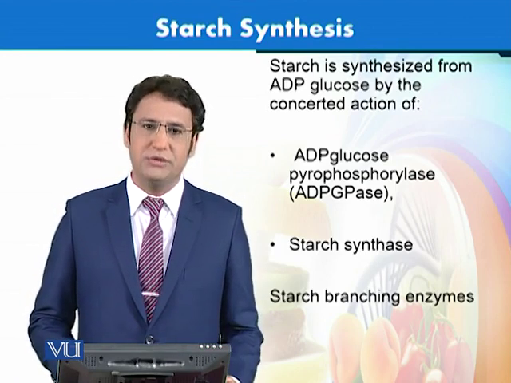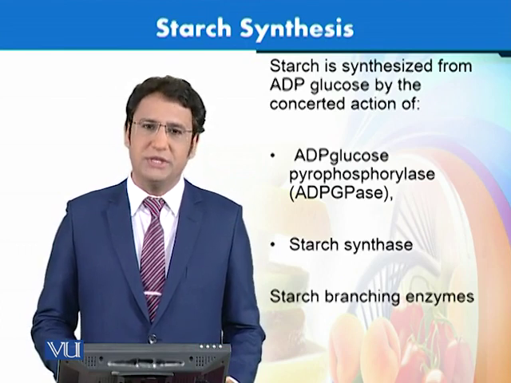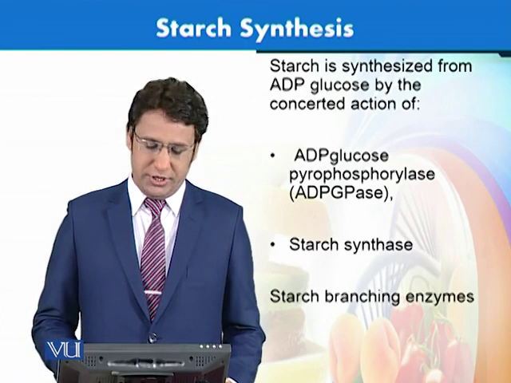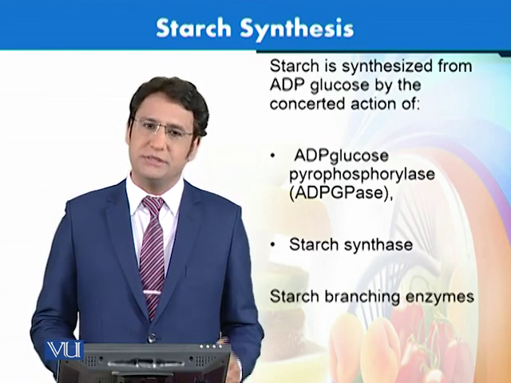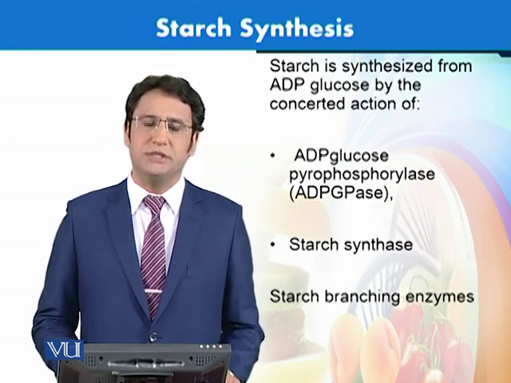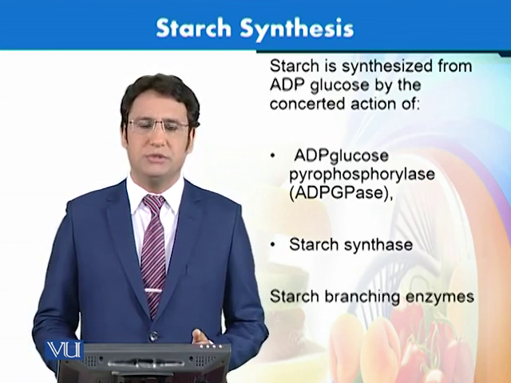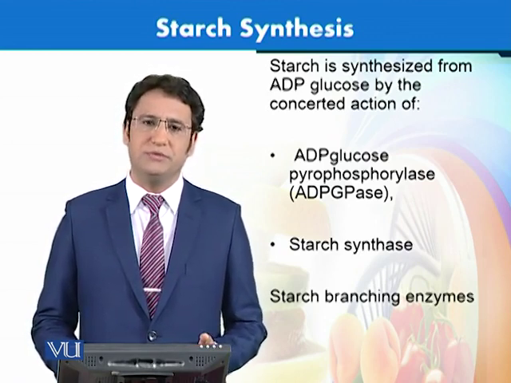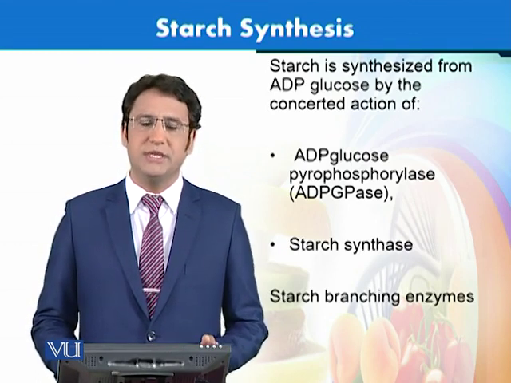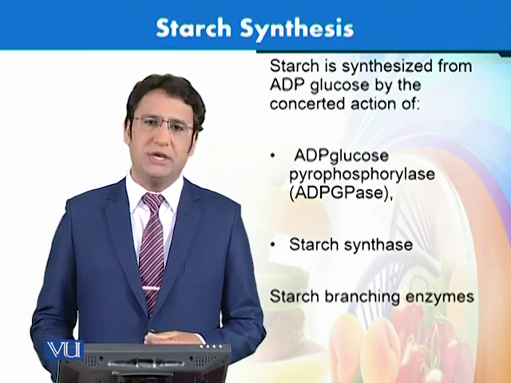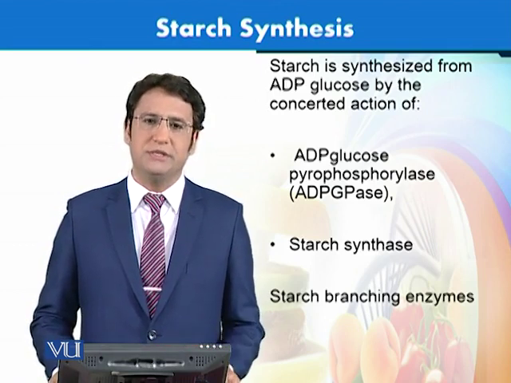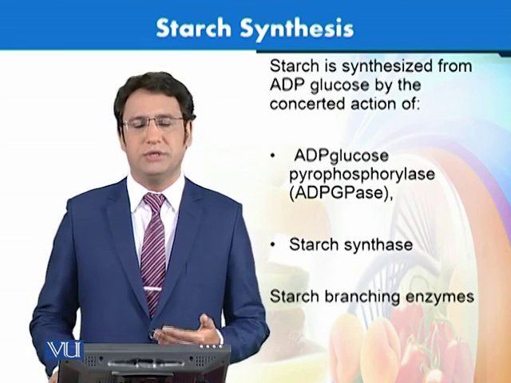At the very beginning, one important enzyme is ADP glucose pyrophosphorylase, or ADP GPase. The second enzyme is starch synthase, which has a very important role to play in the formation of starch in different tubers. And then there are starch branching enzymes as well. We'll see some detail about how these enzymes convert glucose into starches.